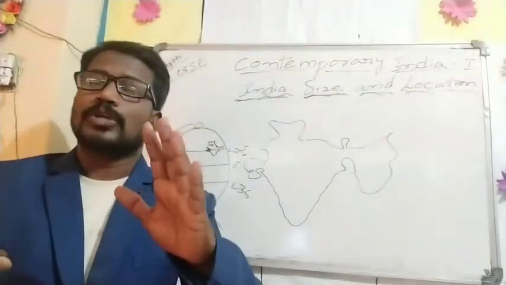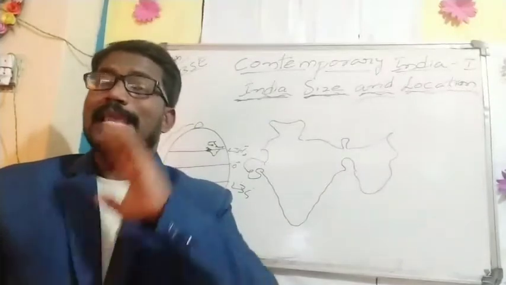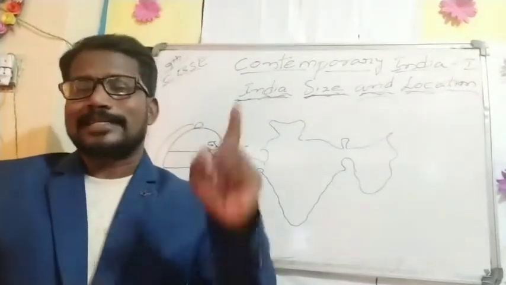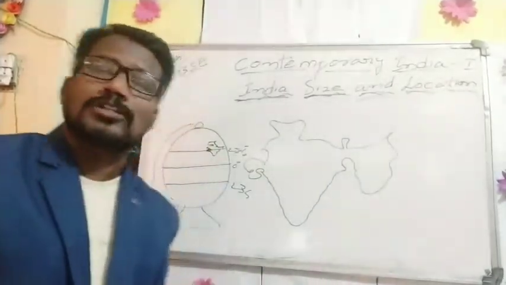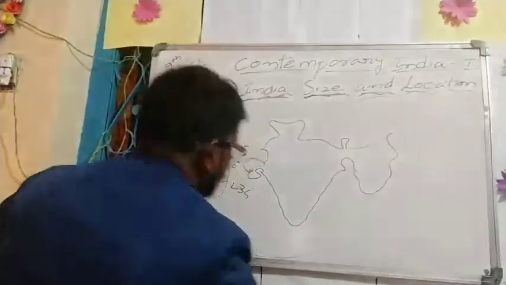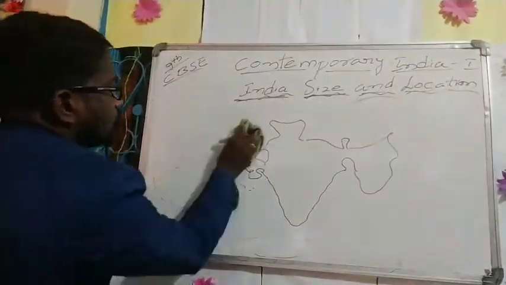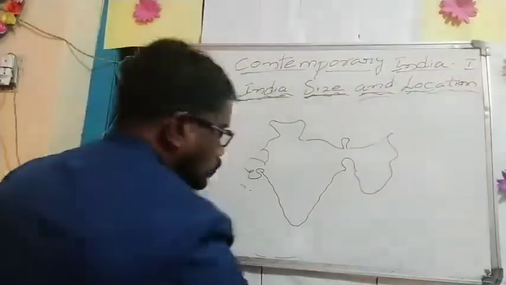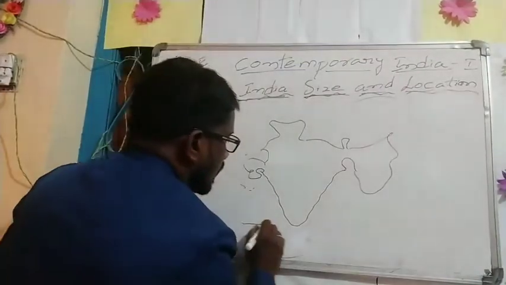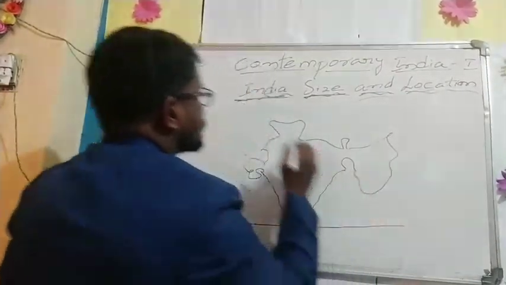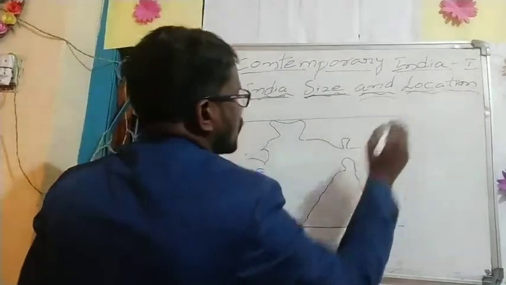At the same time, the mainland extends in latitude from 8 degree 4 minutes to 37 degree 6 minutes north latitude. Now we have to see India's location. This is one latitude and this is one more latitude.